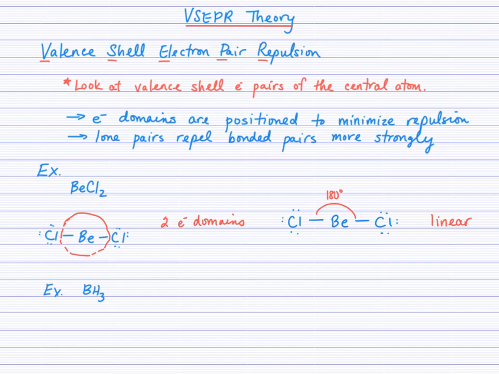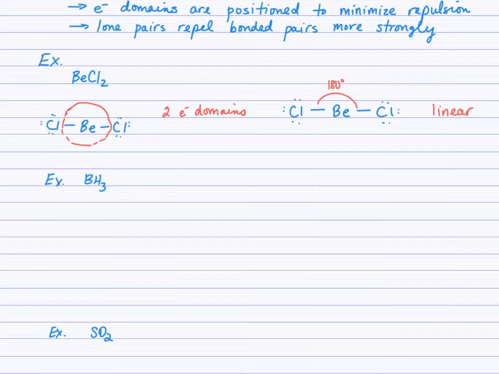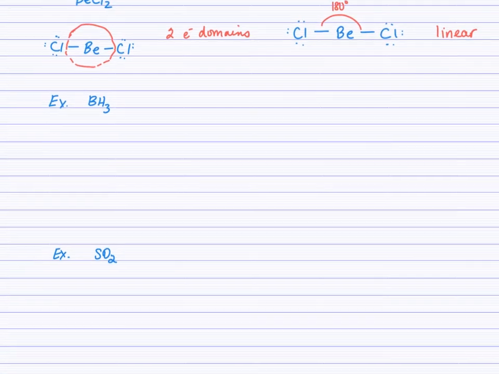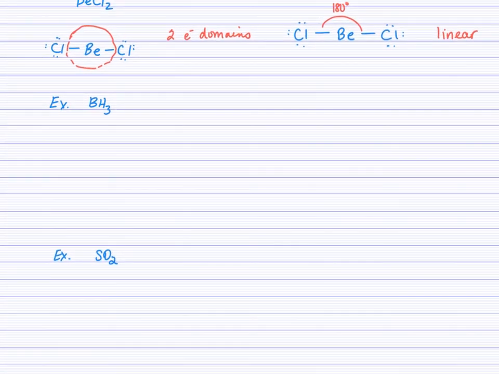Okay, moving to the second example, BH3. Now when we draw the Lewis diagram of BH3, recalling that boron is one of the exceptions, we see that there are 3 electron domains, and they are all bonded.